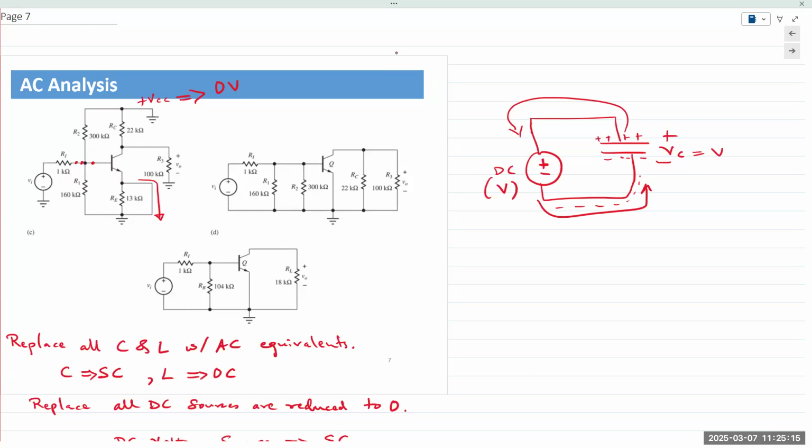VCC is a DC voltage source, so it is replaced with a short circuit, which means the top node is connected to ground. This alters our circuit. The emitter resistor is bypassed, and the AC input signal is being coupled to the base. Now, because it is connected to ground, we can redraw the circuit like this.